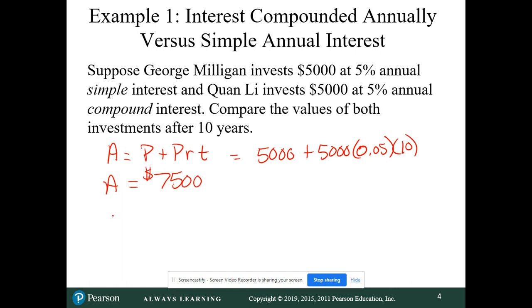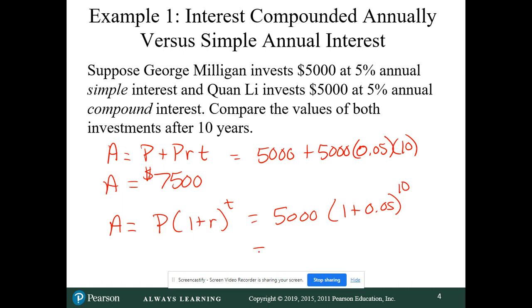Now, if we're doing compound interest, it would be principal times 1 plus the rate to the time power. So principal is 5,000 times 1 plus 0.05 to the 10th power. If we do that, how much do we get?